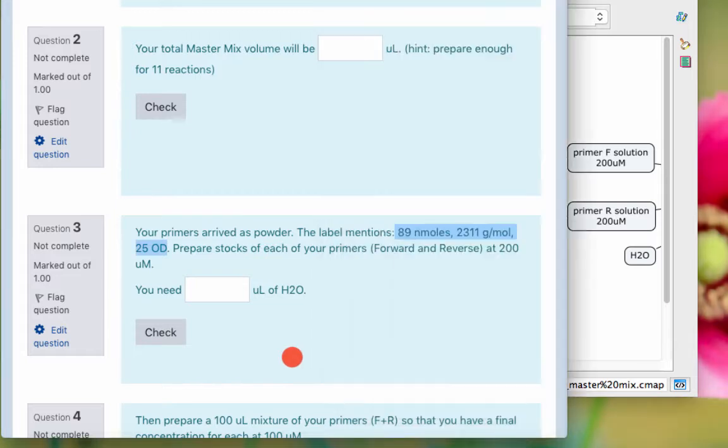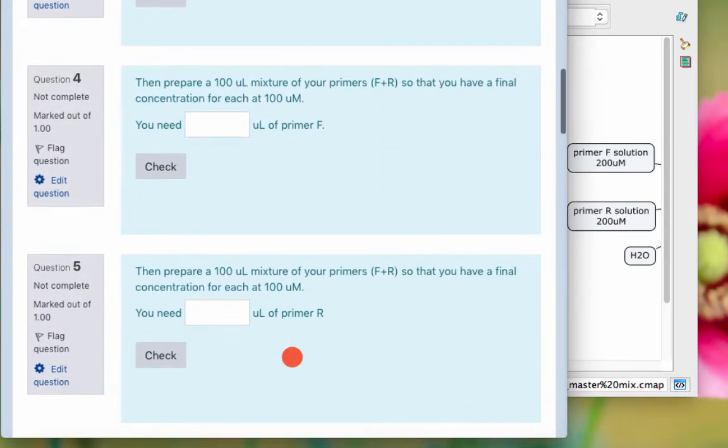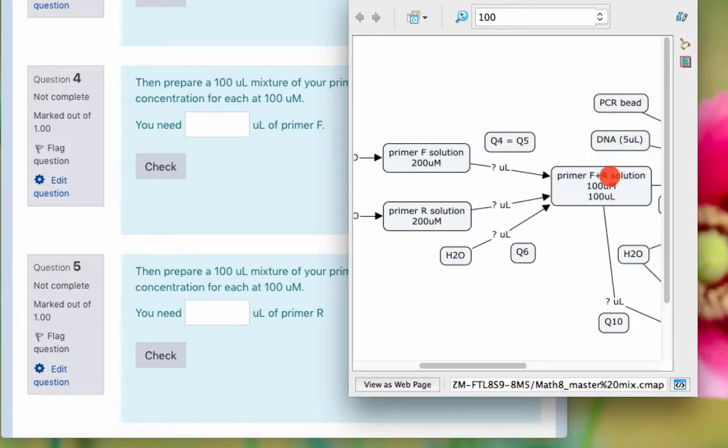The next question is we are going to use these 2 solutions that we just prepared to make a new solution, a primer mixture. We're going to mix these 2 so that we end up with a primer solution where both primers are at 100 micromolar.